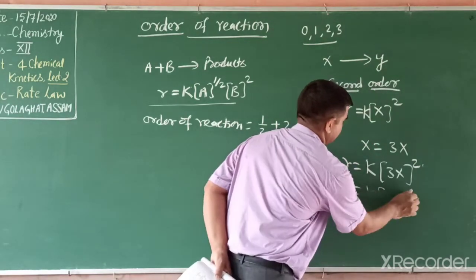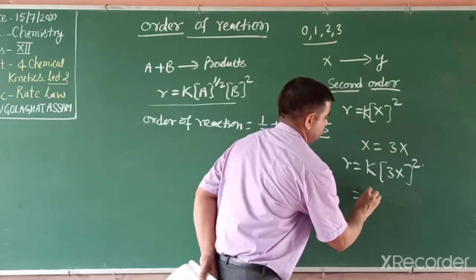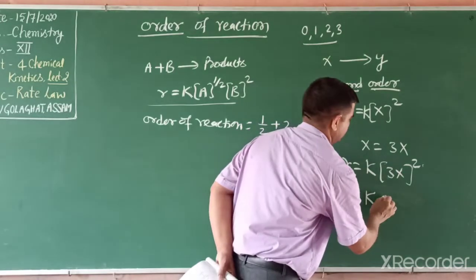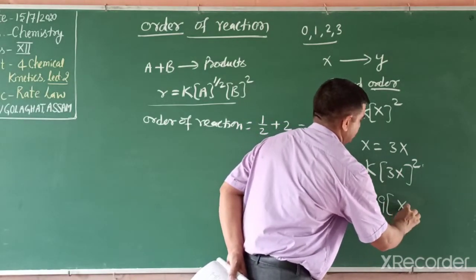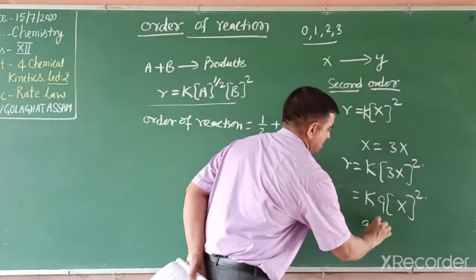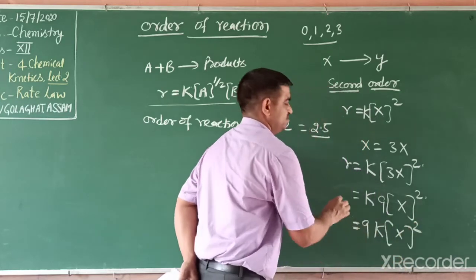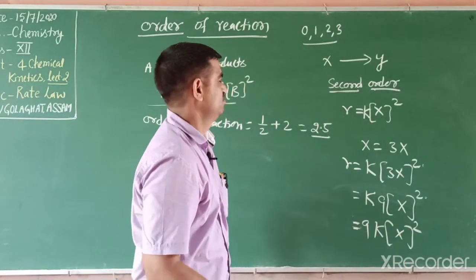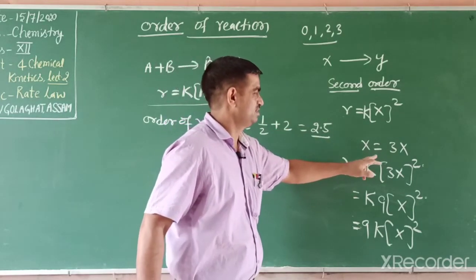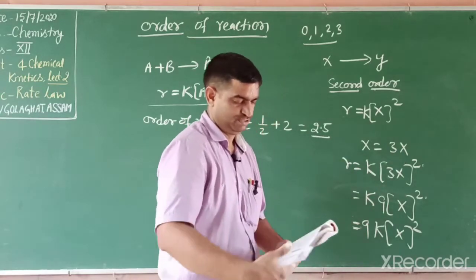When we solve this, 3 power 2 is 9, which we write outside, and x power 2 remains. So we can say the rate increases 9 times. Why? If a reaction is second order and the concentration increases 3 times, then the rate increases 9 times.